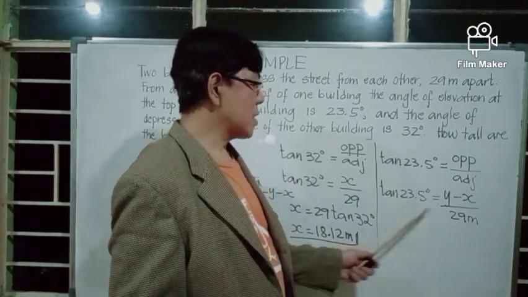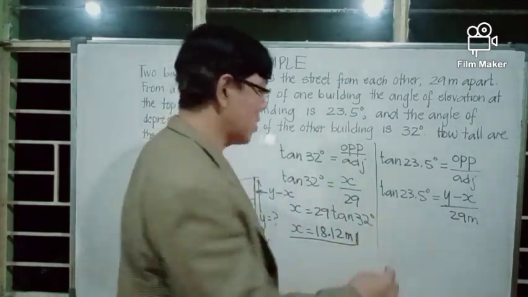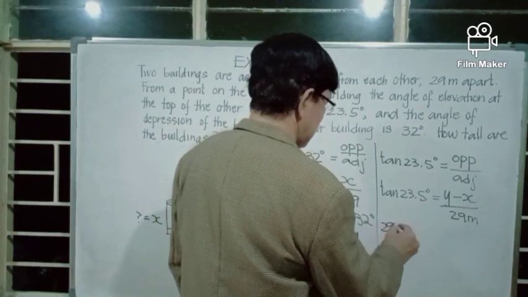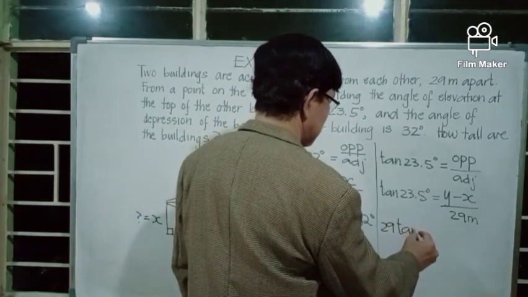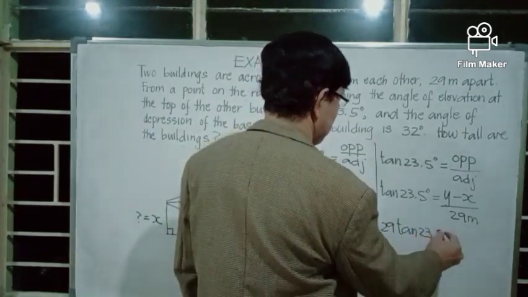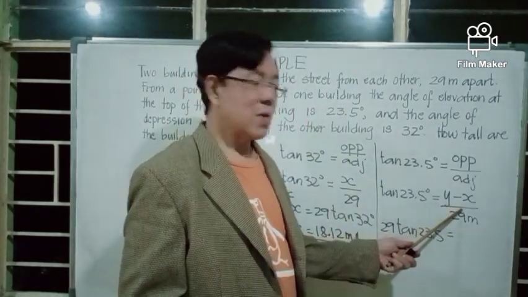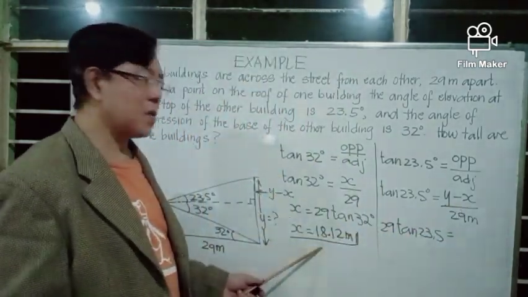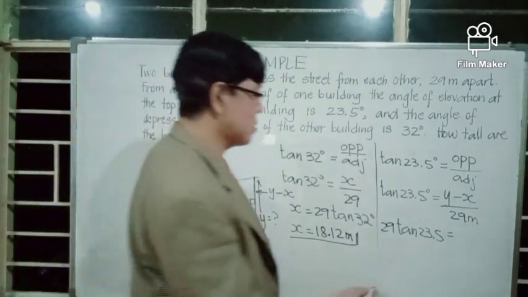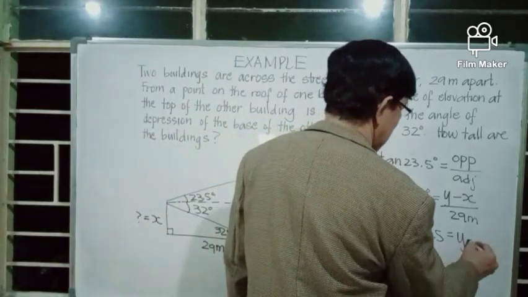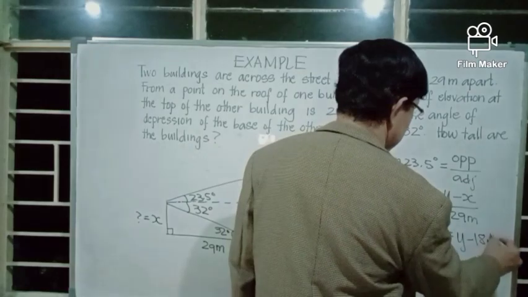We multiply 29 by tangent of 23.5. 29 times tangent of 23.5. And at the right hand side, we replace x with its value, 18.12 meters. Y minus 18.12.